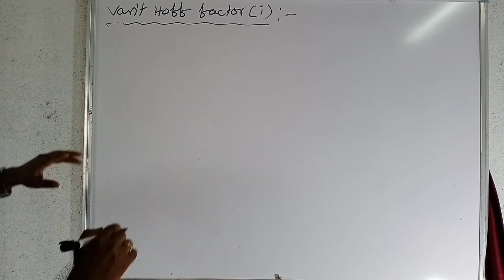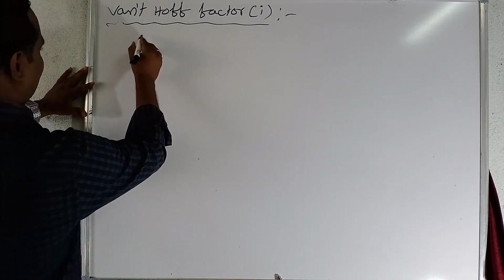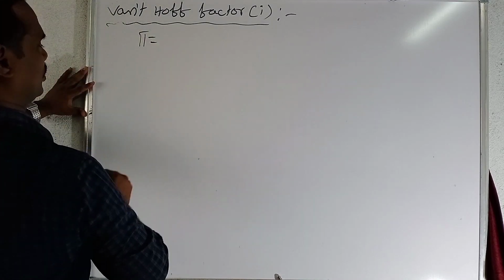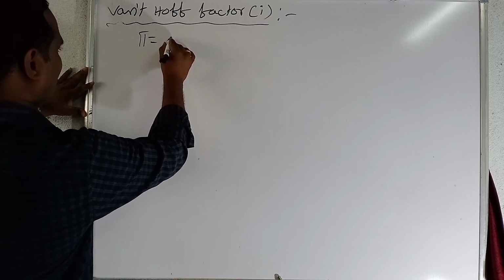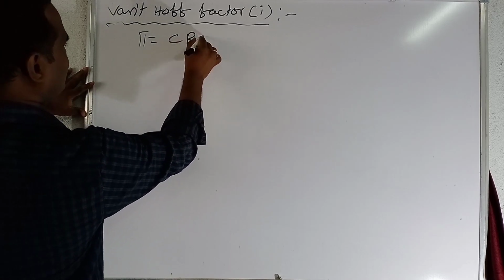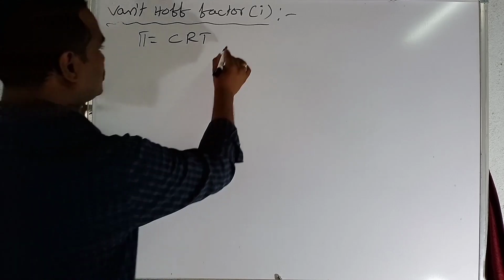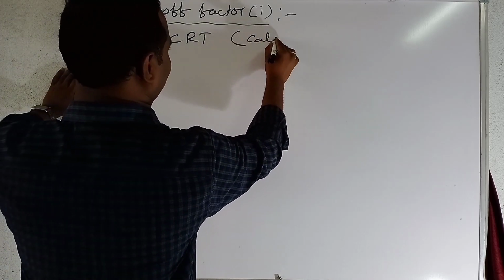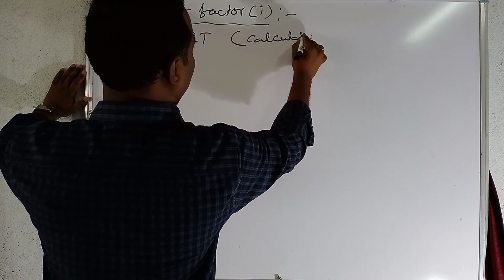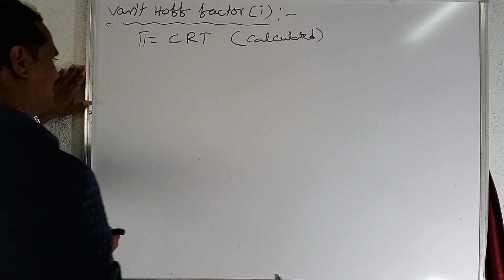One example you have to see, sir. Here is how we introduce it. Pi is osmotic pressure; pi is equal to CRT. This is calculated.